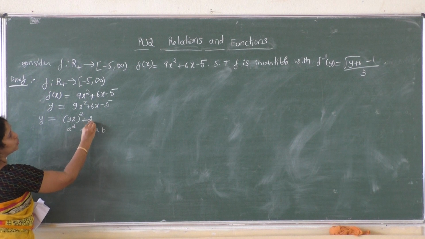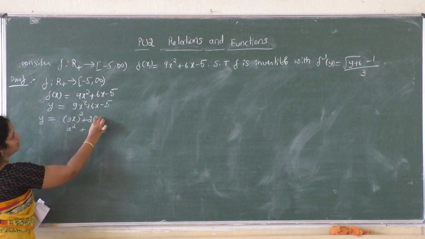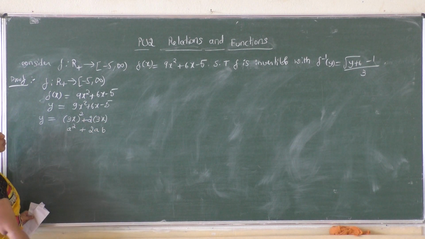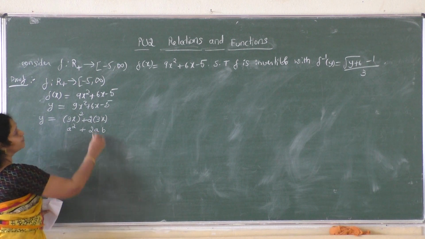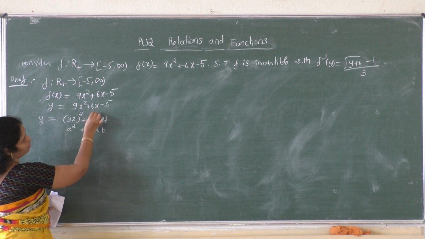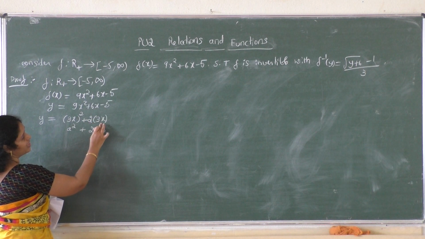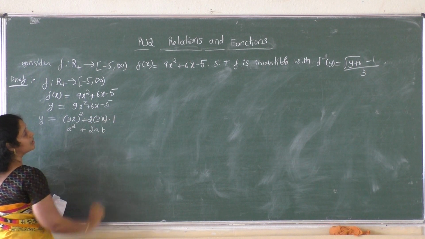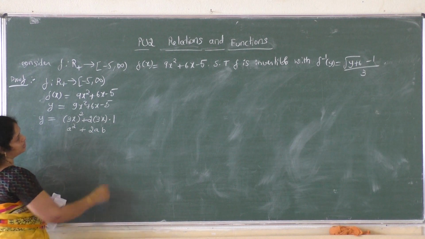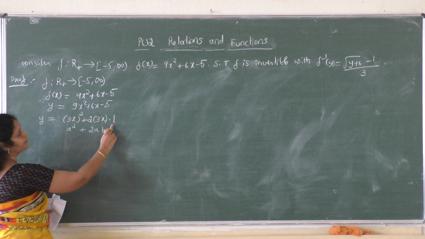What is a? a is 3x. 2a into b. So what is b? Here you can see that 2ab is 6x, that means 2 into 3x into 1. So b equal to 1.